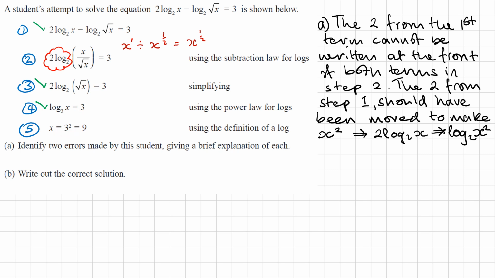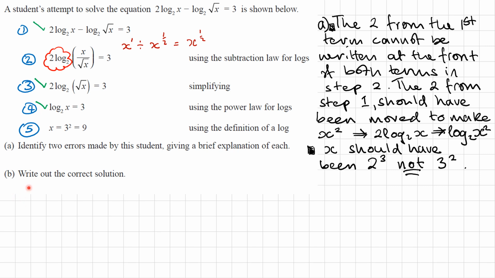So there's my second error. So let's put a little bullet point there. Another one here for my second error. And I'll write down that x should have been 2 to the power 3, not 3 to the power 2.